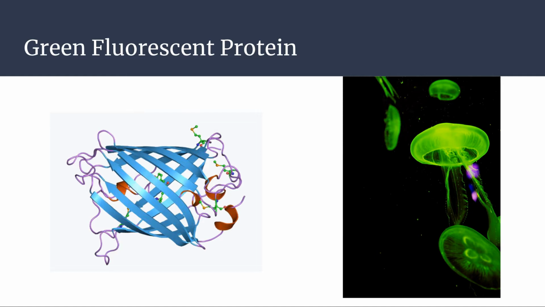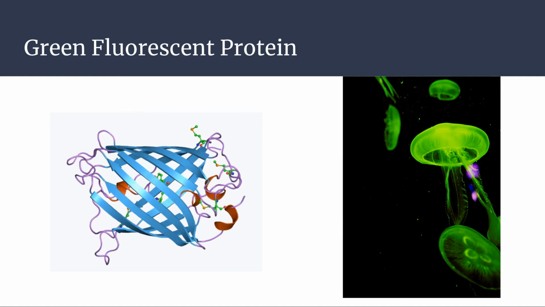One of the things that's useful about it is that biologists discovered a while ago that basically you could take the gene for this, you could copy it, and then put it in another cell at the end of another gene for a protein. And then whenever that protein is produced in the cell, this dye will be produced with it, which means that you have something that's very easily visualizable to check whether or not that protein is being produced in the cell.